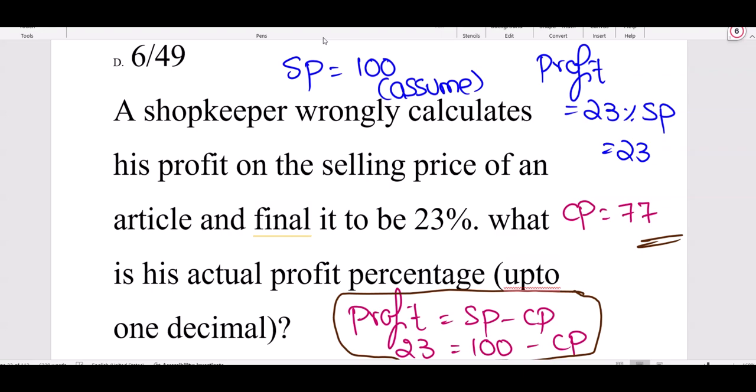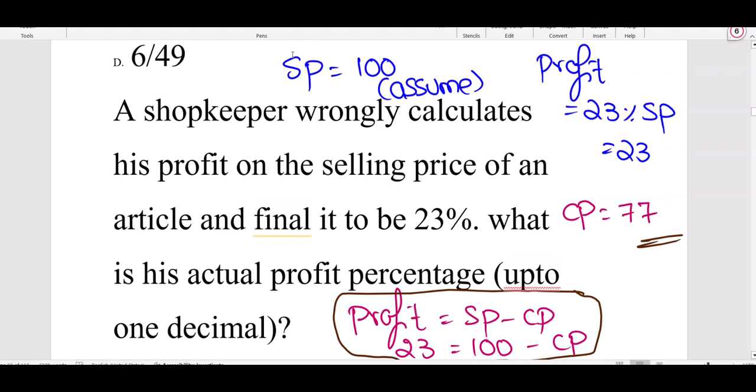When you think from the ground level, don't search for formulas. That's what I'm always telling you. Profit and loss calculated on cost price, profit and loss completed. Discount calculated on market price, discount concept completed. Nothing else required. Interest calculated on principal, simple interest, compound interest completed. That's the basic point we require for those topics.